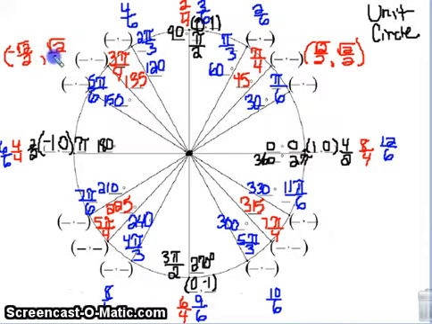In quadrant 3, what do we know about both of those? They're both going to be negative square root of 2 over 2. And in quadrant 4, my x-coordinate is going to be a positive square root of 2 over 2, but my y-coordinate is going to be negative.